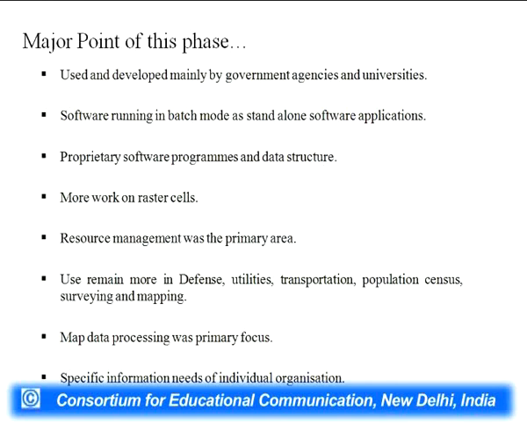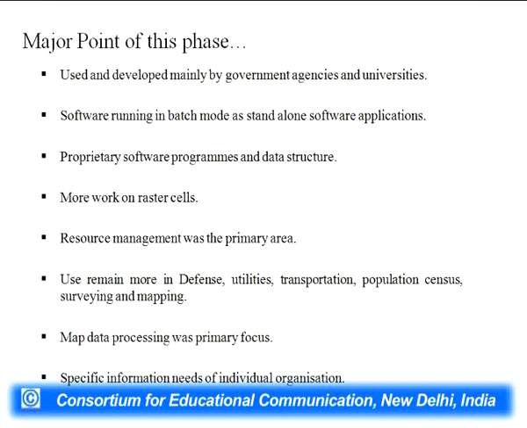Sometimes it is said that GIS is only map making, because the focus of this initial phase was to produce maps digitally. So, we tried to say that map making is the only focus of GIS in this initial phase.